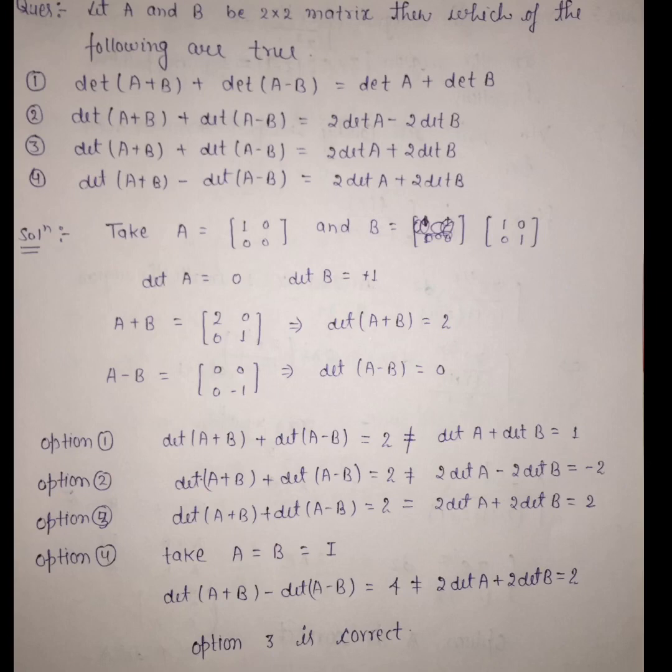So determinant of A plus B minus determinant of A minus B is equal to 4. This is not equal to 2 times determinant of A plus 2 times determinant of B, which is equal to 2. 4 is not equal to 2. So option 4 is not correct. So remaining option 3. So option 3 is correct.